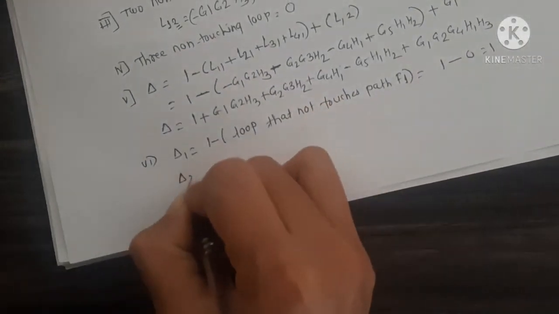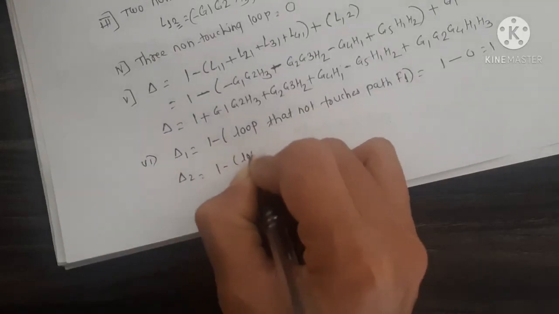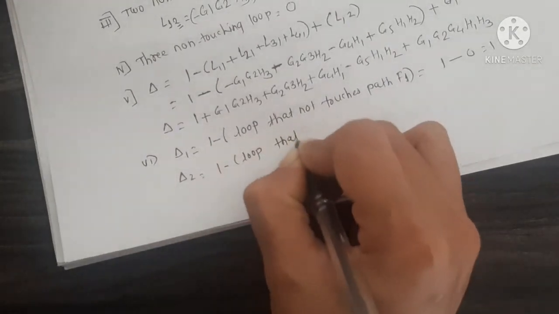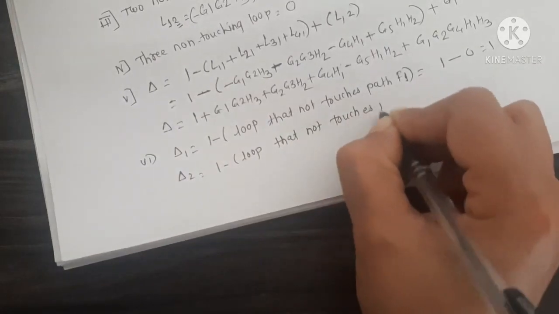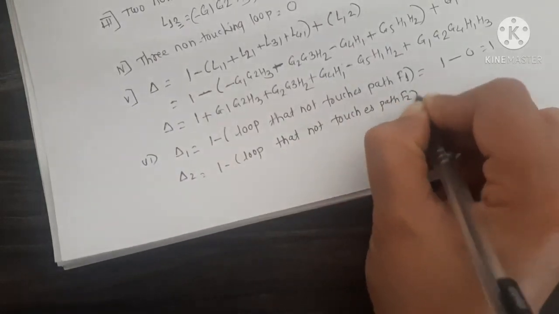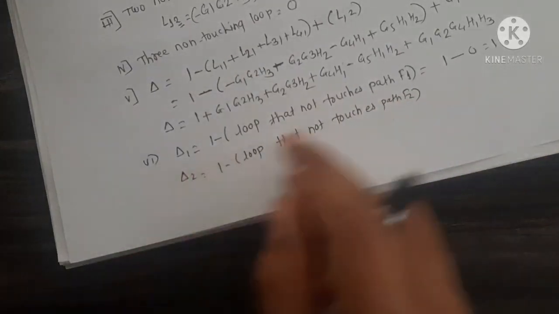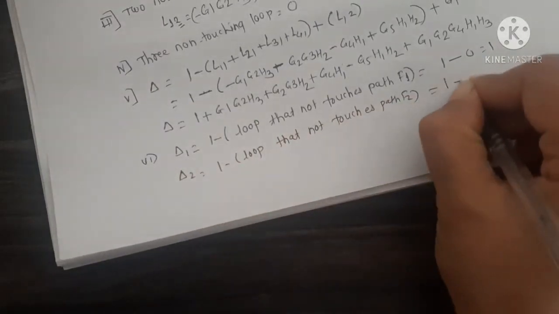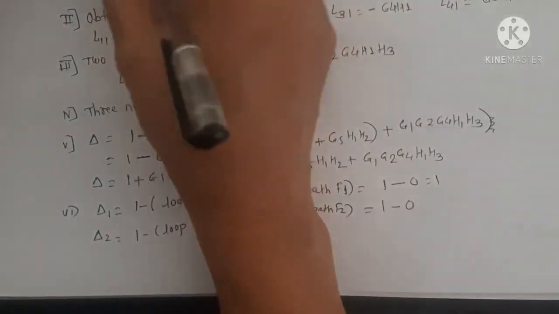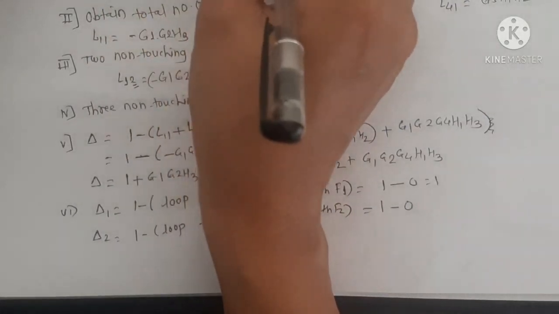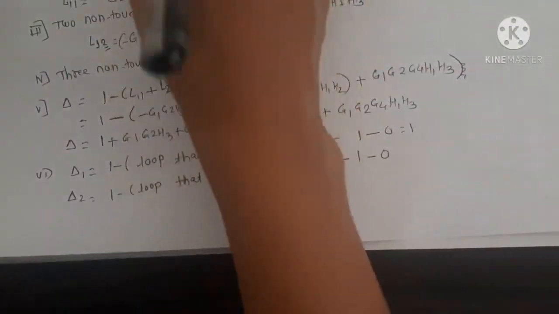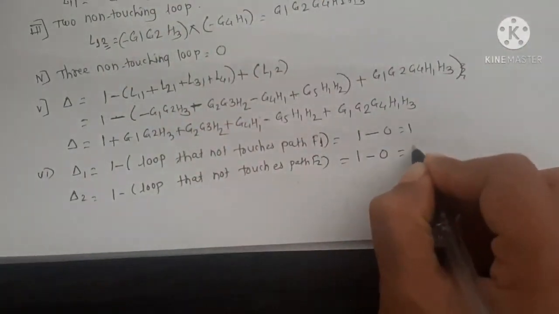Now next is del 2, same, 1 minus loops that do not touch path F2, because we are finding del 2, so we have to take the path F2, that is 1 minus 0. Here again for this path all loops are touching. So that's why 1 minus 0 is 1.